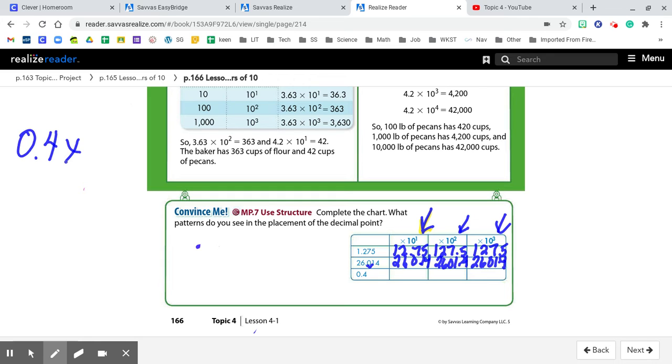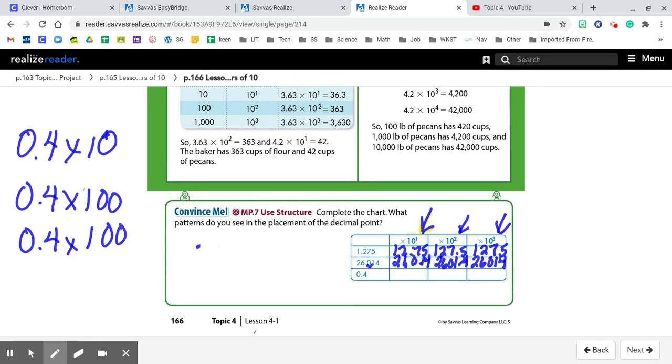So 4/10 times 10, 4/10 times 100, and 4/10 times 1,000. And remember these exponents, 10 to the third equals 1,000, 10 to the second equals 100, and 10 to the first equals 10.